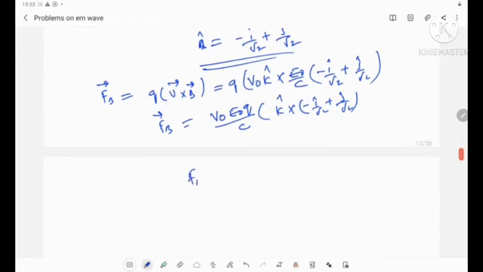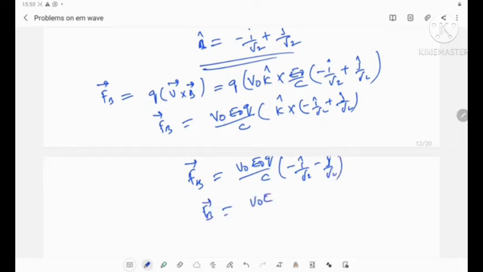After cross product, this becomes V naught E naught Q by C into minus I by root 2 minus j cap by root 2. Therefore, Fp bar is equal to V naught E naught Q by C into minus of I by root 2 plus j by root 2.